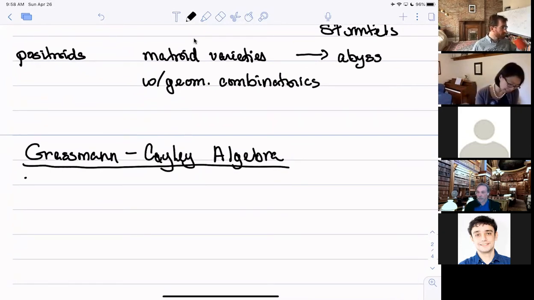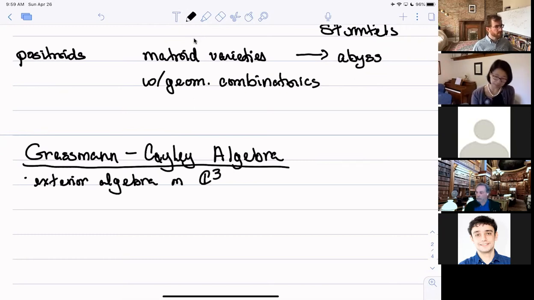So what is this thing? It's the exterior algebra, in our situation on C^3, plus one extra operation. Okay, and so what are the two operations?